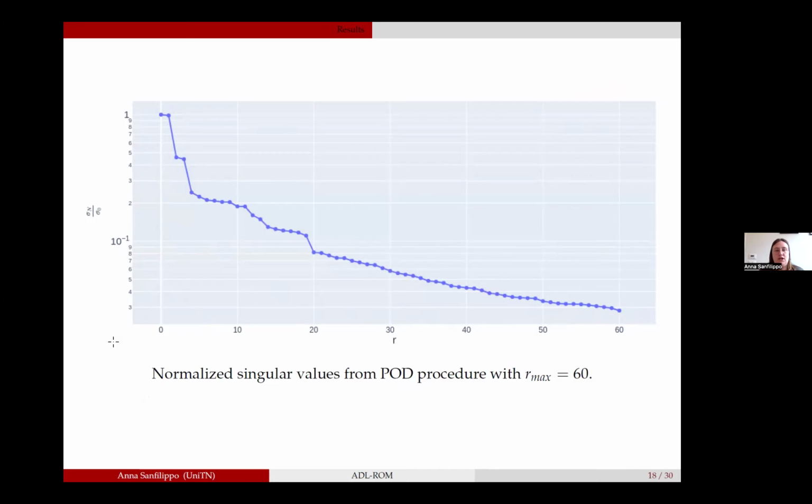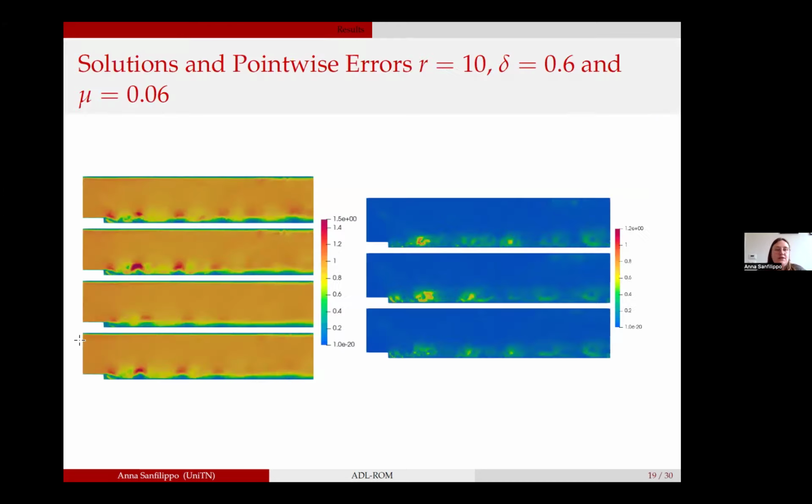So again, a very challenging problem, and especially for 10 basis functions it is not a good retained energy. So here we have the solutions at the final time for all the parameters I set at the beginning of this part of the presentation.